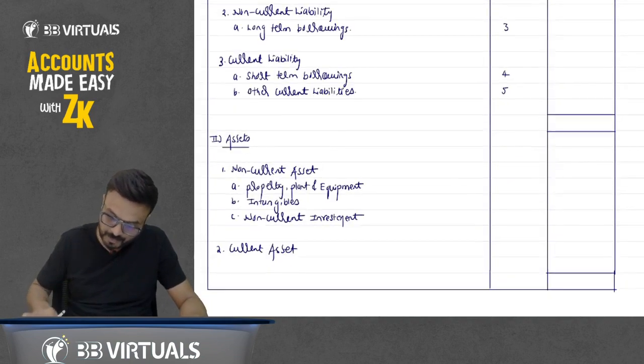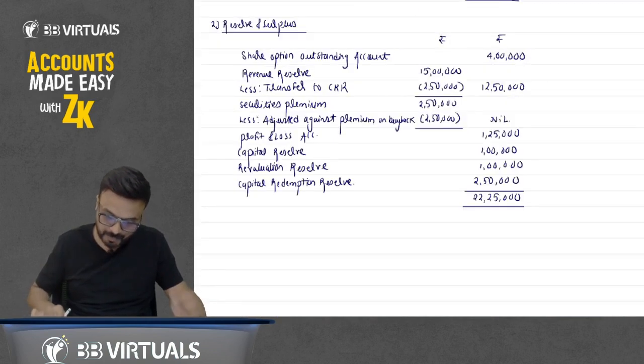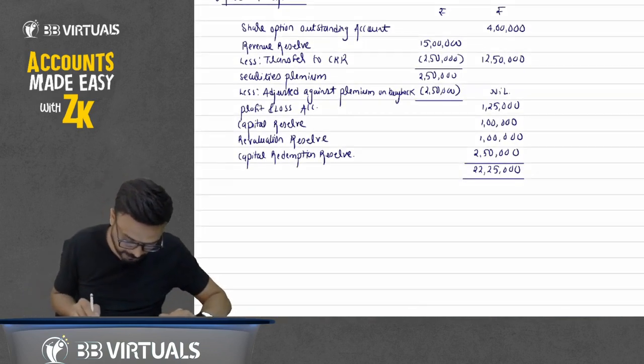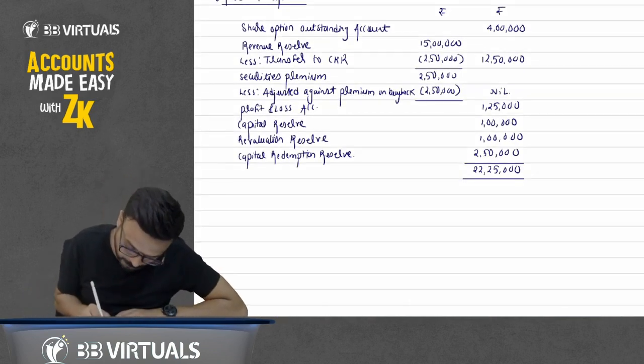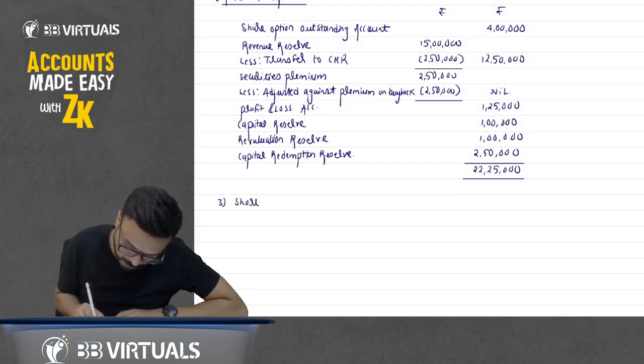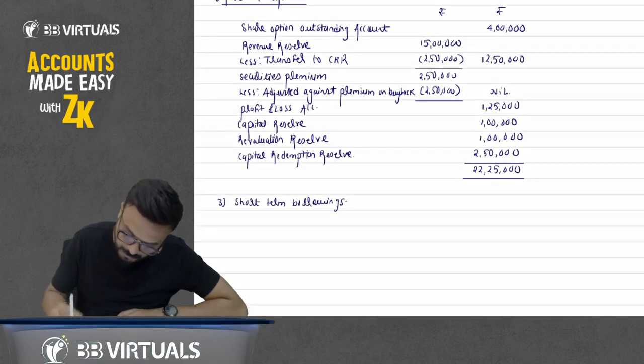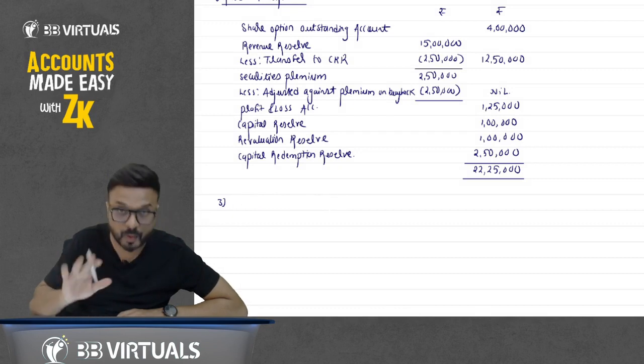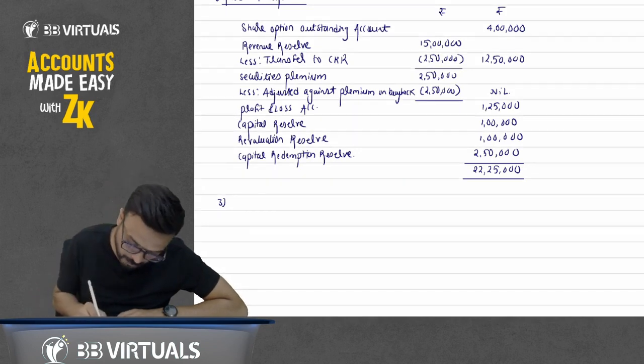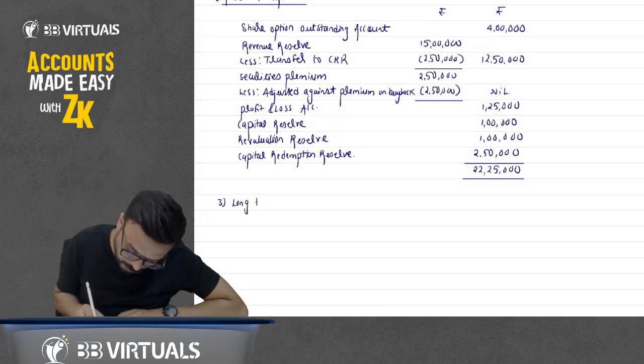Write down here notes to account number 3. Sorry, notes to account number 3 we have prepared on long-term borrowing. I'm sorry. Write down there long-term borrowings.